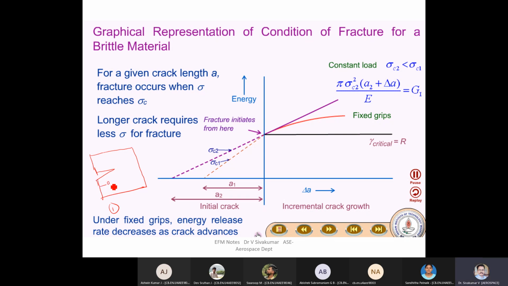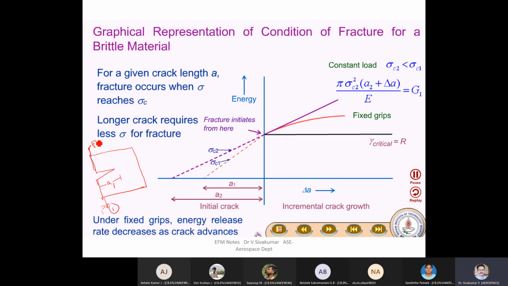Okay, crack length A. You will have force P. Now, a particular crack length. There is a specimen with the crack length A1.